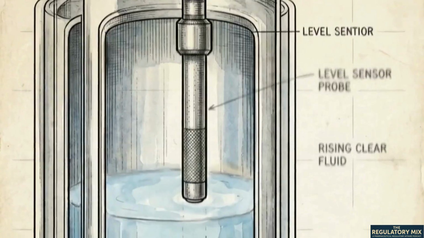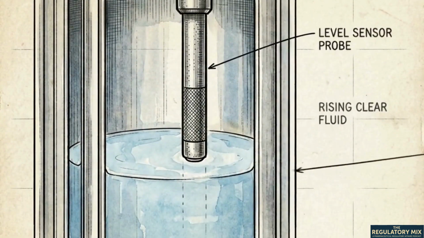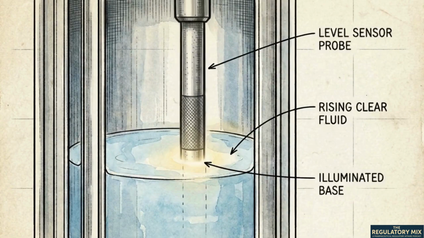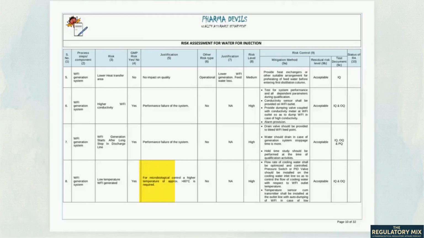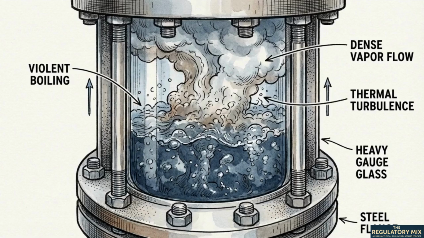Level sensors must also be installed on the first and last distillation columns to trigger automated dumping if water levels get too high. The next distinct hazard we have to engineer for is temperature. As detailed in row 8, WFI must be maintained above 80 degrees Celsius to ensure strict microbiological control. If the WFI gets too hot, the water just boils. That is an operational resource loss, but it remains a low-quality risk.